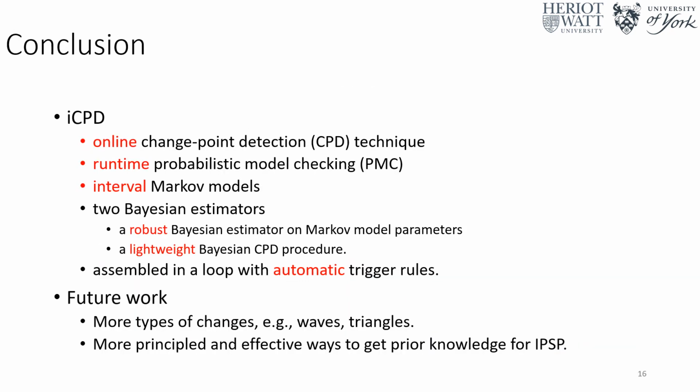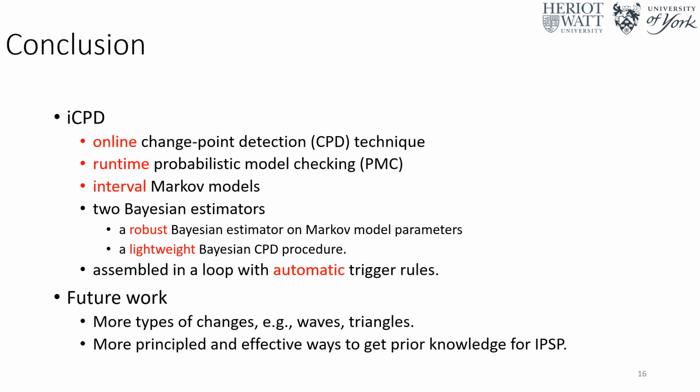To conclude, we introduced ICPD as an online change point detection technique tailored for runtime probabilistic model tracking applications using interval Markov chain models. It is essentially composed of 2 parts: a robust Bayesian estimator on Markov model parameters and a lightweight Bayesian change point detection procedure.